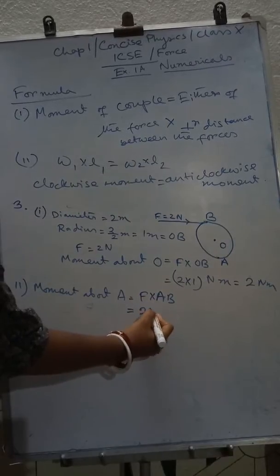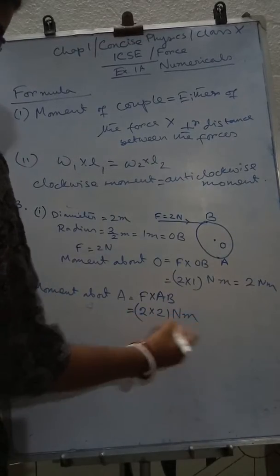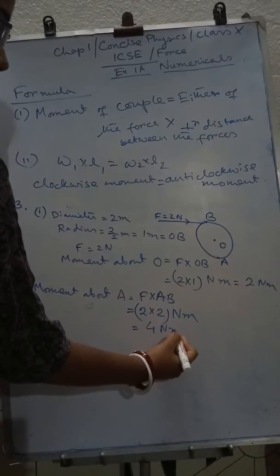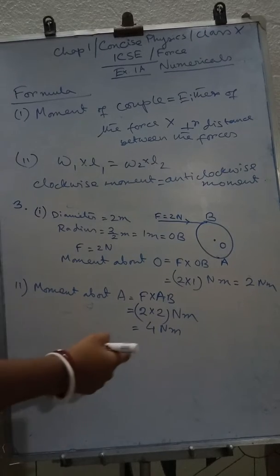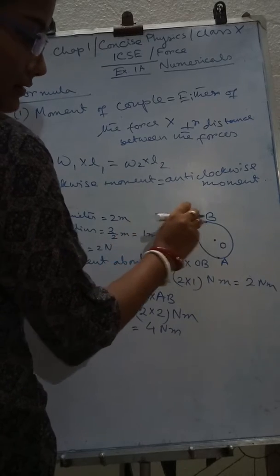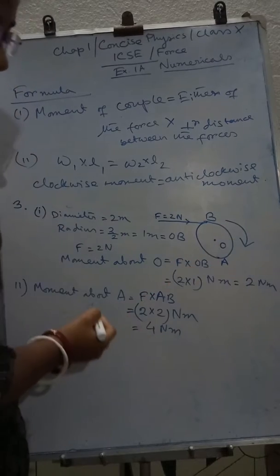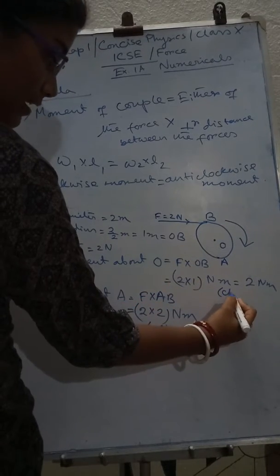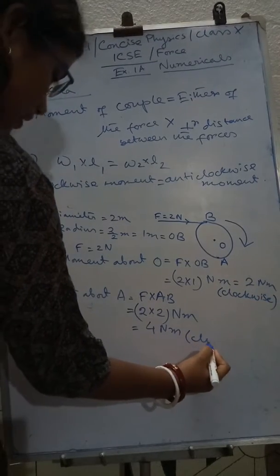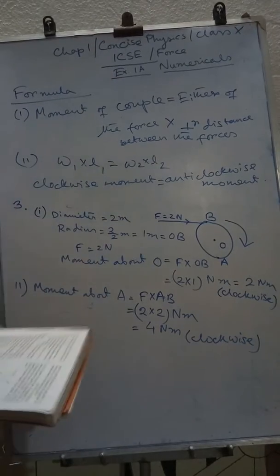And the force is 2 Newton and the diameter is 2 meter. So the moment will be 2 into 2 Newton meter, that is 4 Newton meter. And in both the cases, the force is applied in this direction. So the moment will be in this direction, that is the clockwise direction. So both the moments will be in clockwise direction.